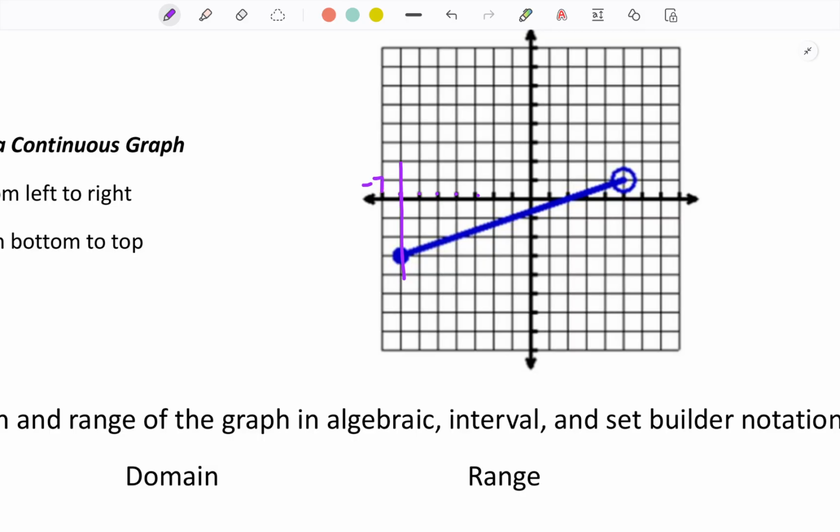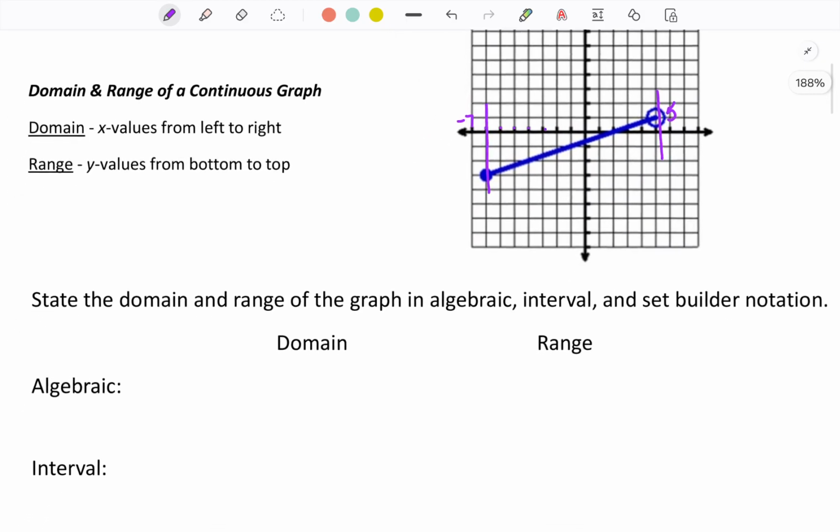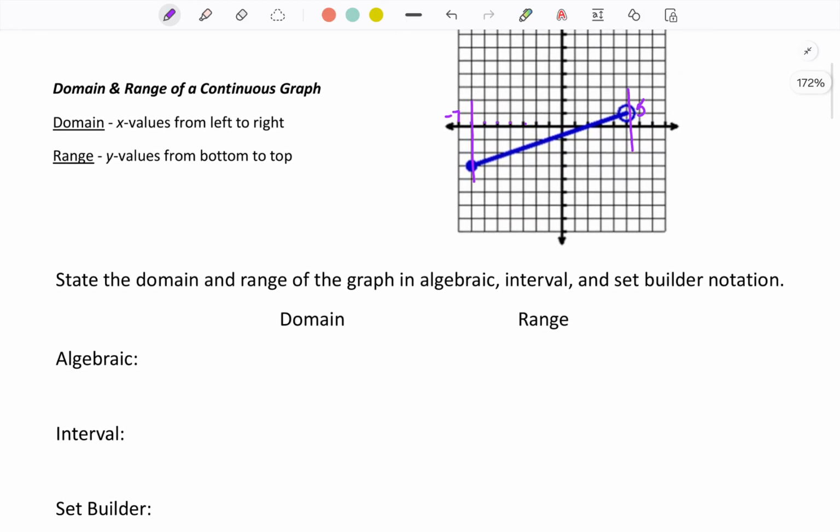So I go to -7 on the x-axis, and then I go up to 1, 2, 3, 4, 5. So 5. So in algebraic notation, this is going to be -7 is less than or equal to x, which is less than 5. And I'm using less than 5 because I have an open circle on that value.